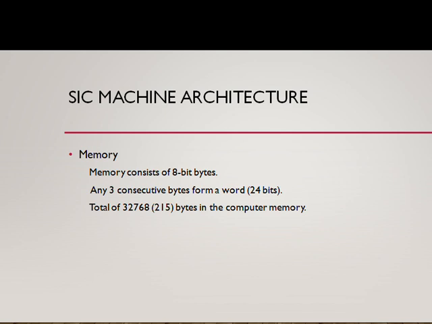It has 3 consecutive bytes to form a word. A word can be formed with 3 consecutive bytes, that is a total of 24 bits. One word is 24 bits in length. Memory consists of a total of 2 power 15 bytes in the computer memory.